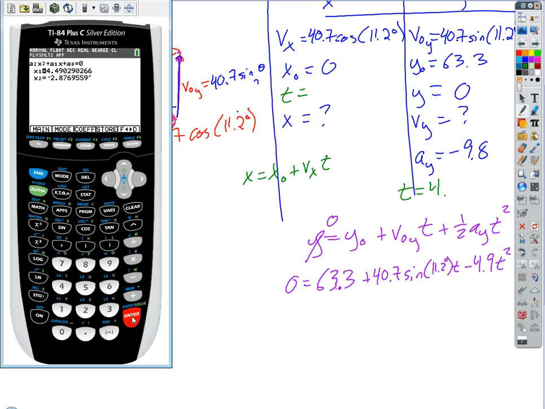I'm going to write it down anyway though, just in case. 4.029. Oh, it's there. Okay.